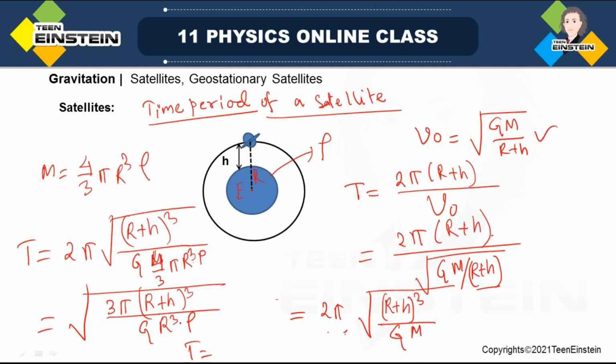Look, h is 0, so then R cube goes off, and you will get something like 3 pi by G rho, inside the root. Okay, so this is on the earth surface, near earth surface.